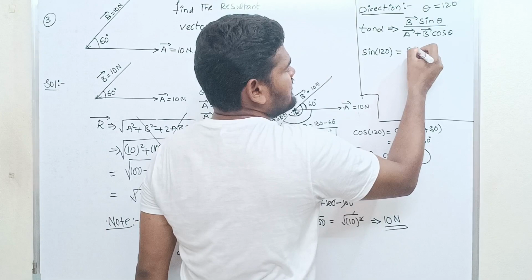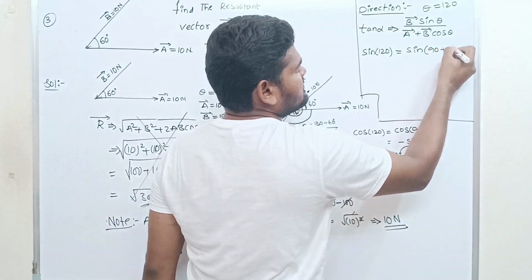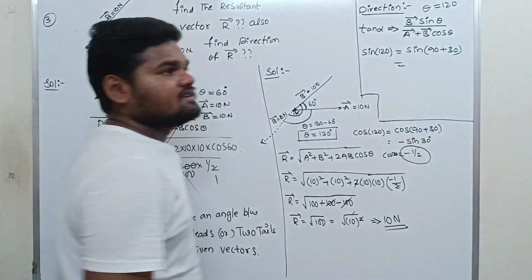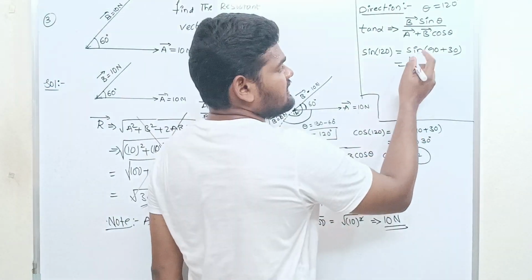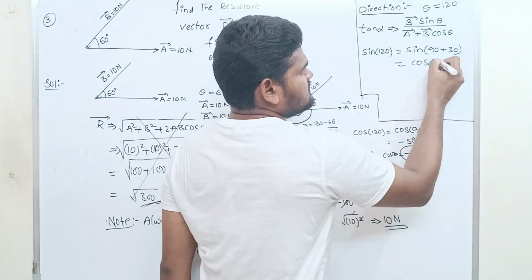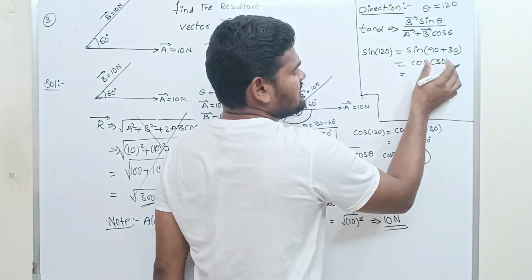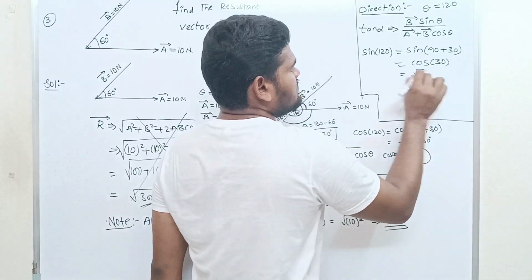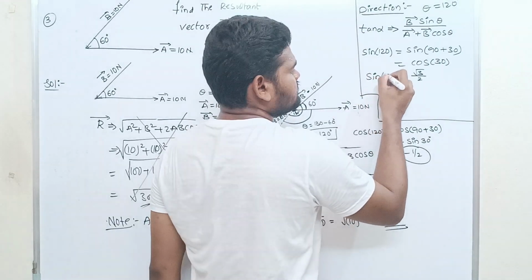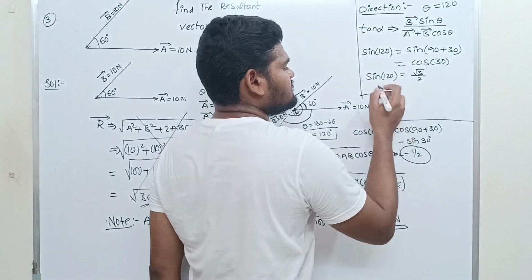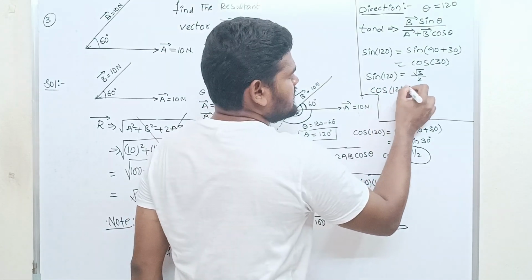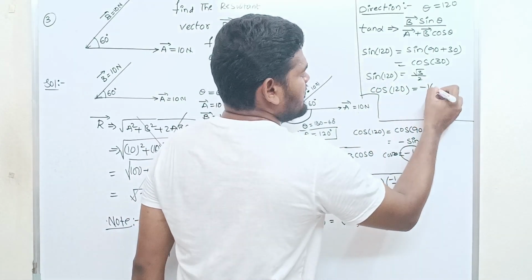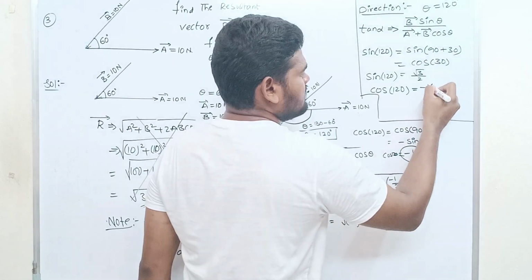Sin 120 can be written as sin of 90 plus 30, in the second quadrant. In the second quadrant, sin is positive. At 90 degrees, sin becomes cos, so cos 30, which is root 3 by 2. So sin 120 is root 3 by 2. We already got cos 120, which is minus 1 by 2.